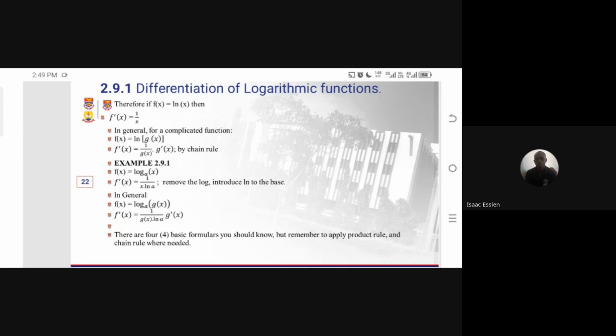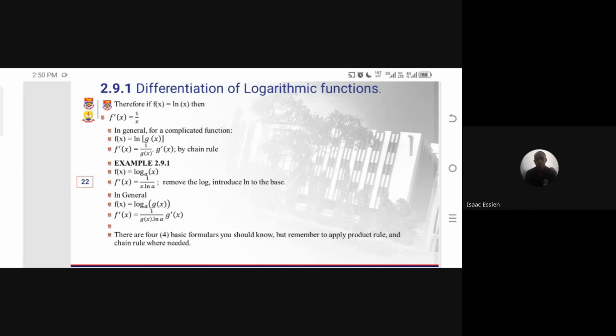So when you have f of x equal to ln 2x, what they are trying to say is that to differentiate ln 2x, it is going to be 1 over 2x times the derivative of 2x, which is 2. So that derivative is also going to be 1 over x. So let's note that.